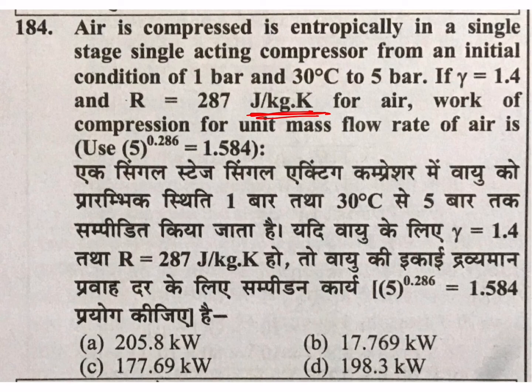Work of compression for unit mass flow rate: m dot equal to 1 kg per second, or m equal to 1 kg. 5 to the power 0.286 equals 1.584. You have to calculate work done in compression of unit mass.